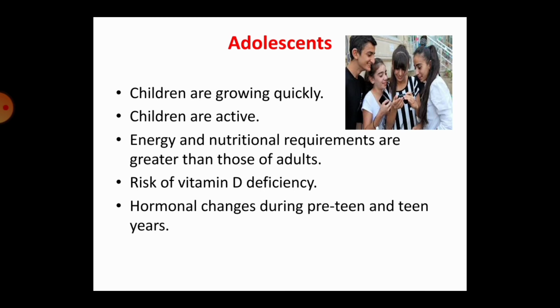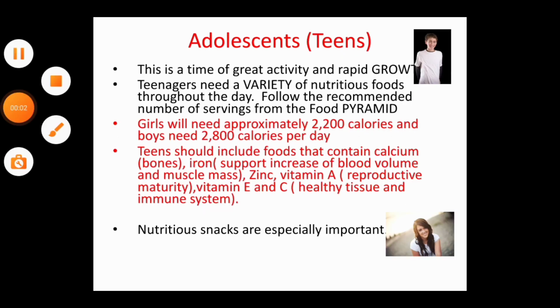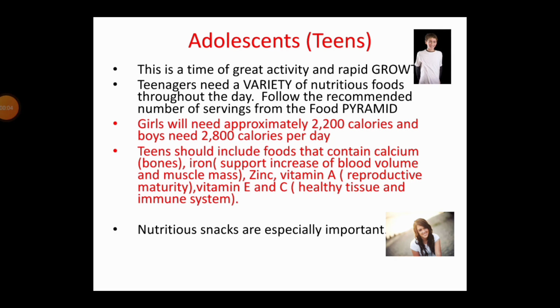Now, adolescents are growing quickly. They are very active, so energy and nutritional requirements are greater than those of adults. There is a risk of vitamin D deficiency. Girls need approximately 2,200 kilocalories, and boys need about 2,800 kilocalories per day.